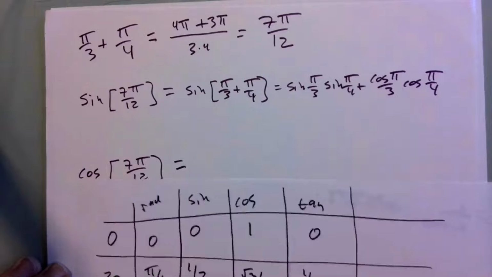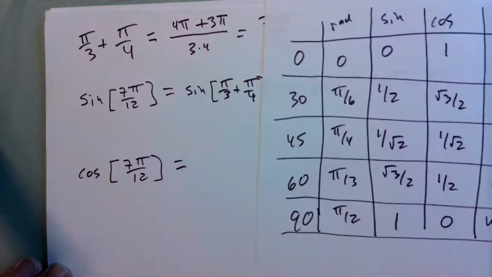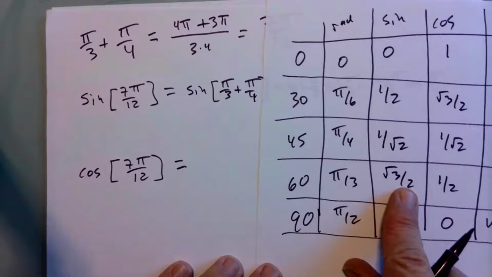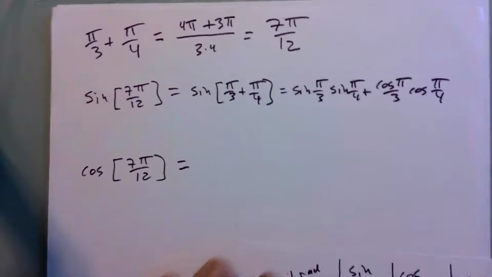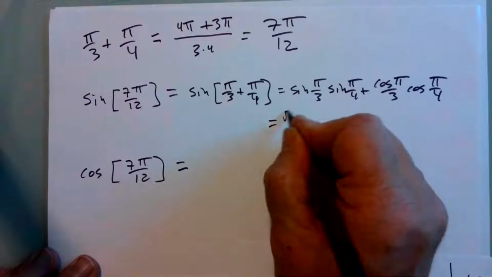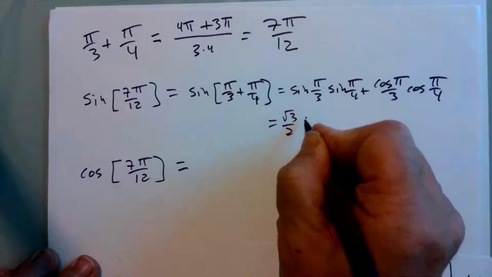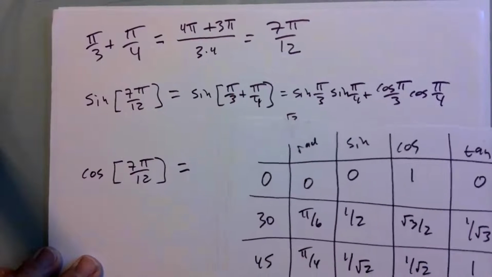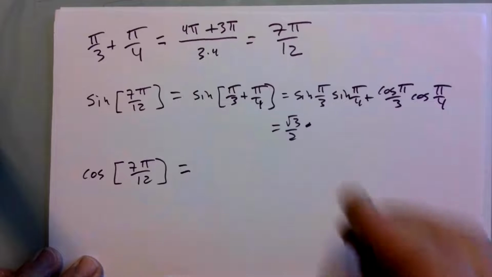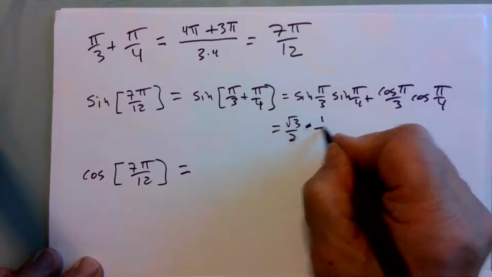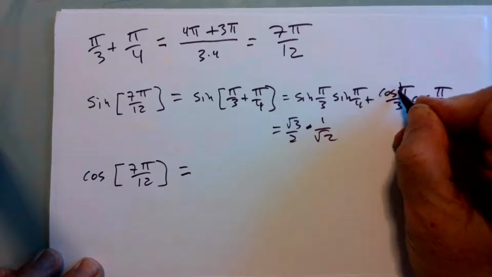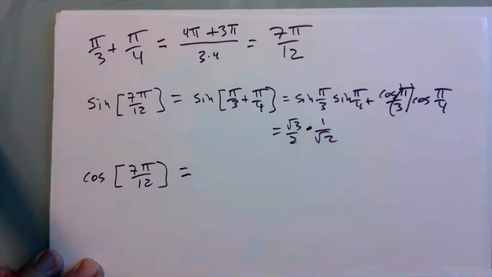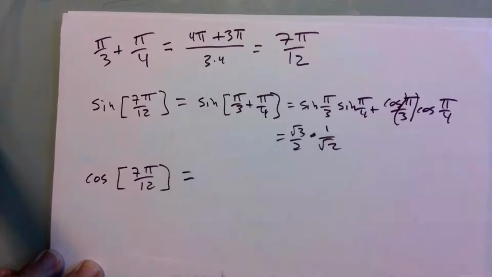Pi over 3 is where? Sine of pi over 3 is root 3 over 2. Sine of pi over 4 is 1 over root 2. The notation here is bad. That's cos pi over 3. Cosine of pi over 3 is a half.